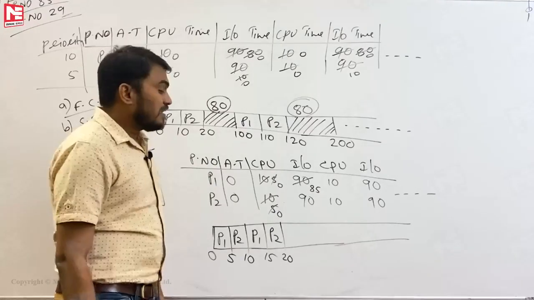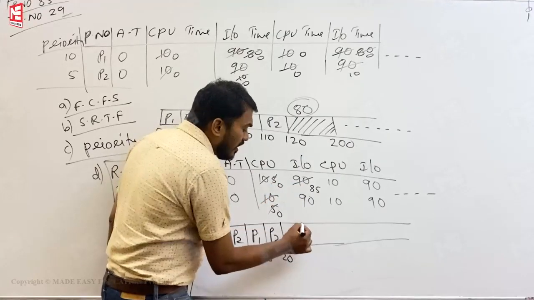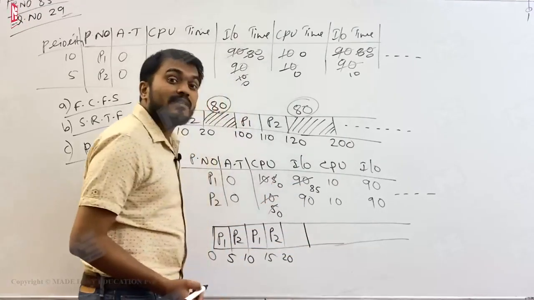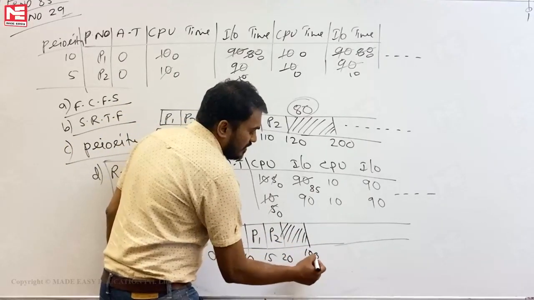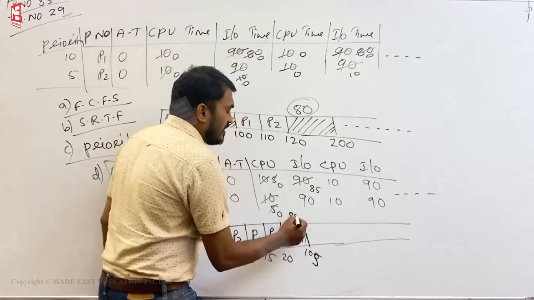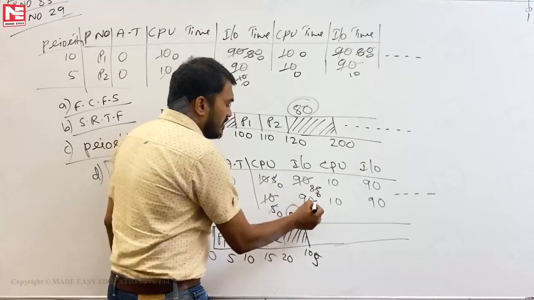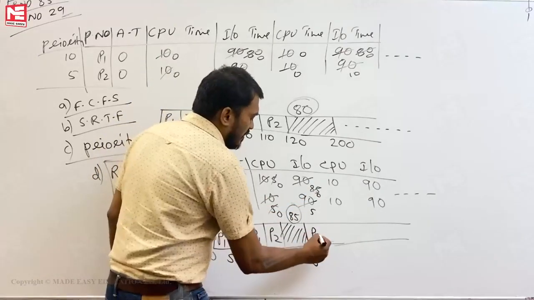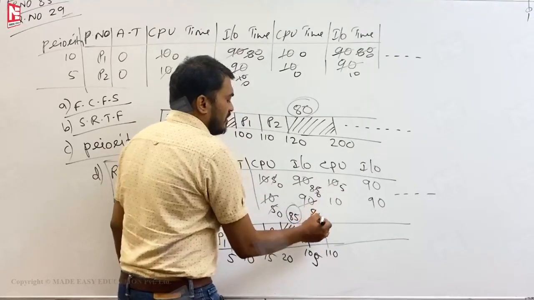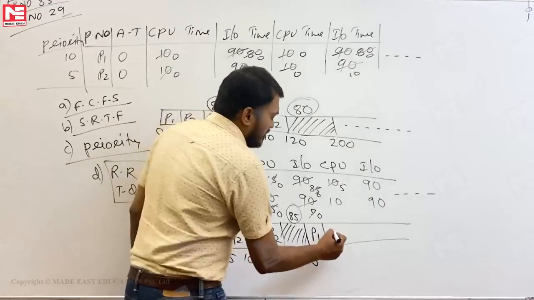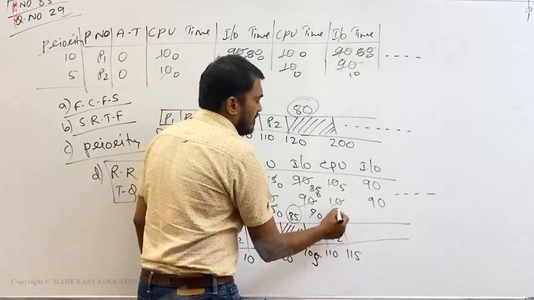Now understand, this requires 85 seconds of IO and this requires 90 seconds of IO, so the CPU will be idle for 85 seconds. So that is 20 plus 85, 105. In this 85 seconds, this becomes 0 and this becomes 5. Next you take P1, which requires 10 again, so that becomes 110 and the remaining is 0. Next you take P2, which requires 10 but you execute only 5 seconds, so that is 115 and it becomes 5.